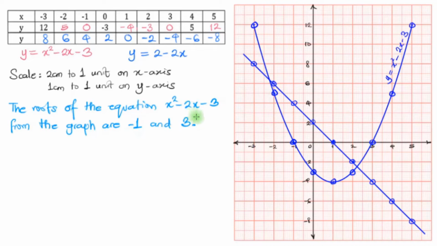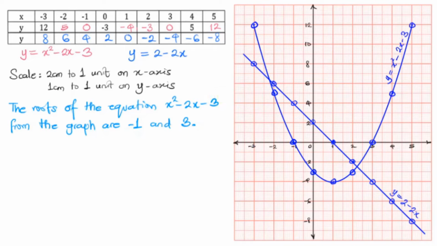Then, as a rule of thumb, I told us before, we should ensure that we always label our graph. So this particular graph that we're having here is y is equal to 2 minus 2x.